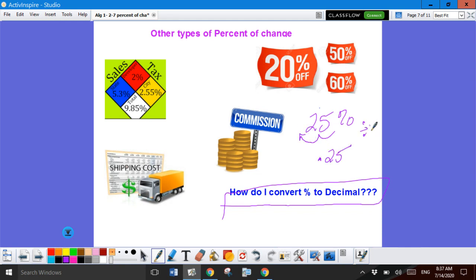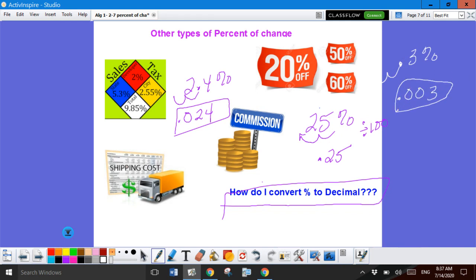So I'm dividing by 100 to change that to a decimal. If I have 2.4%, 1, 2, that's 0.024 as a decimal. And even more important is if I have 0.3%, I still have to move the decimal 2 spots. 1, 2, so 0.003 is the actual decimal.